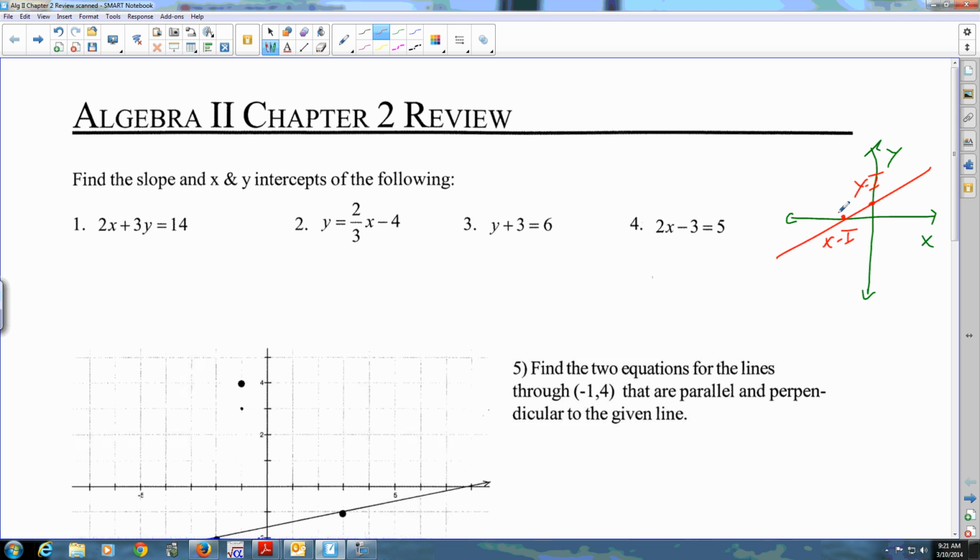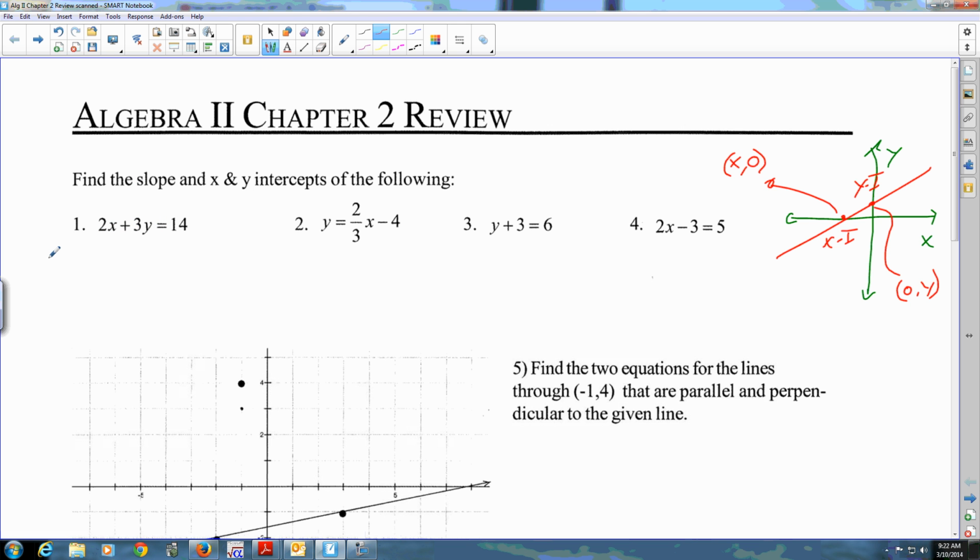Now, what's true about this coordinate is for sure you got some x value, and the y value is 0. For a y-intercept, you've got a for sure x value of 0 and some y value. And that's the clue on how to find an x and y intercept. I'll come back and talk about that in just a second when we actually go to do it.